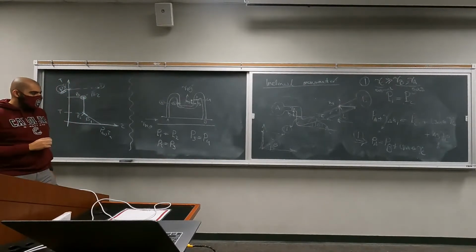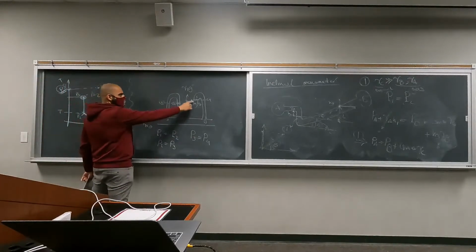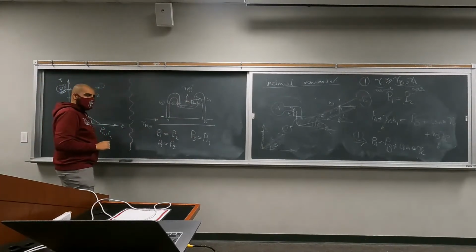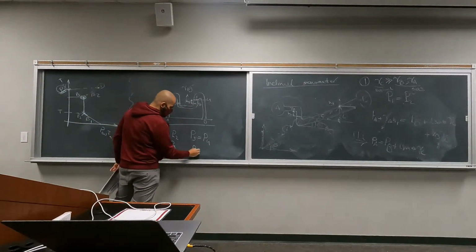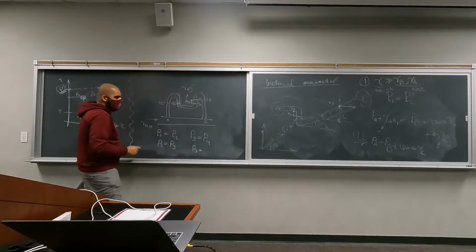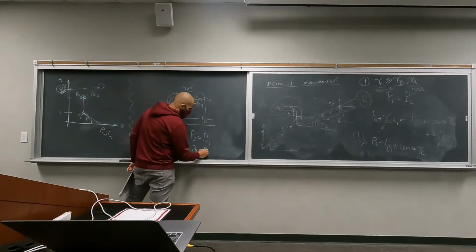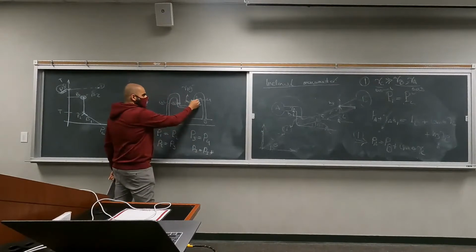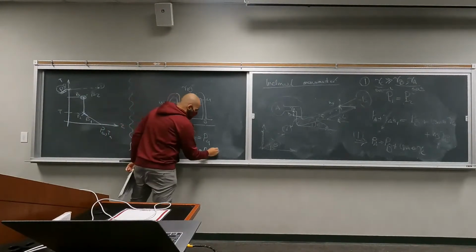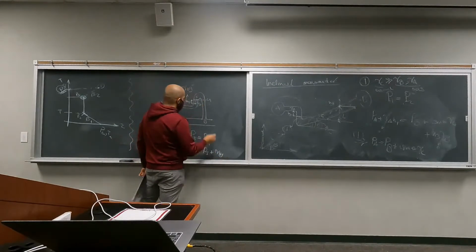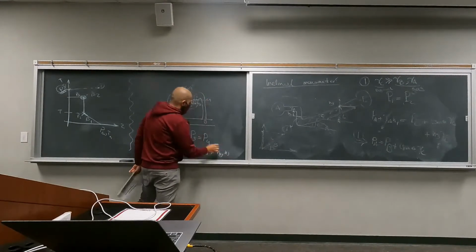Well, what is the relationship between this P3 and P5? P3 is equal to P5 plus gamma of mercury, which has filled this tube, multiplied by your H3, height 3.